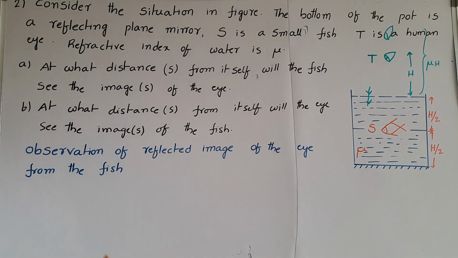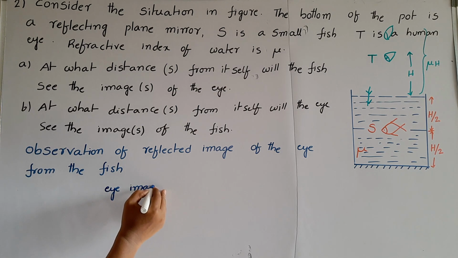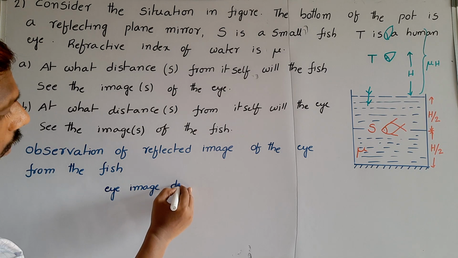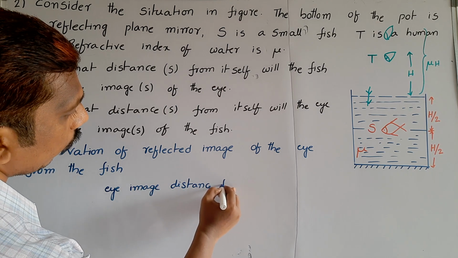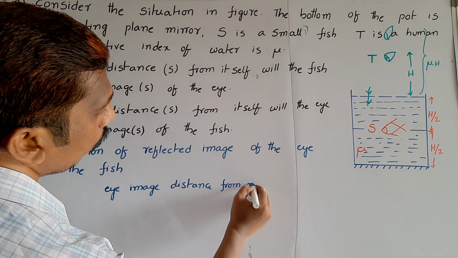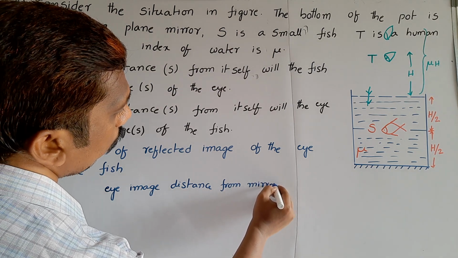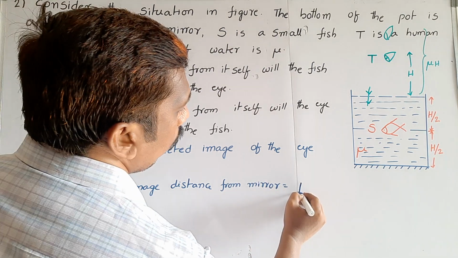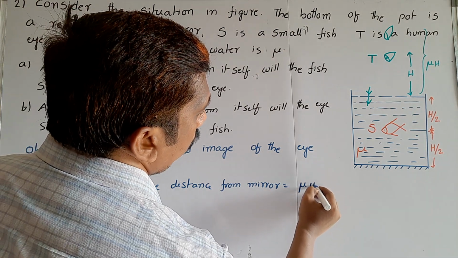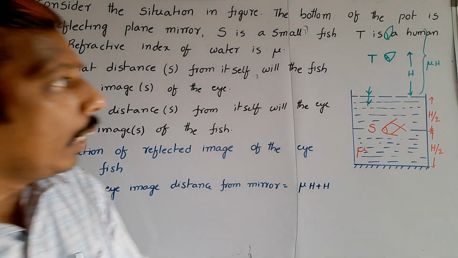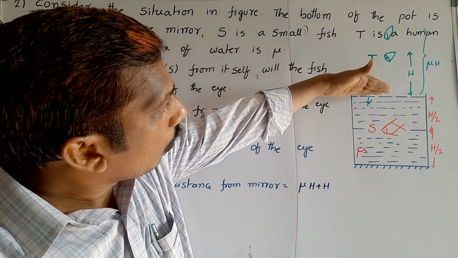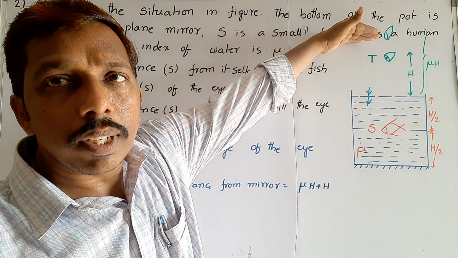Okay. So the eye image distance from the mirror is equal to mu into h plus h, because here actually from the surface its image is formed here.